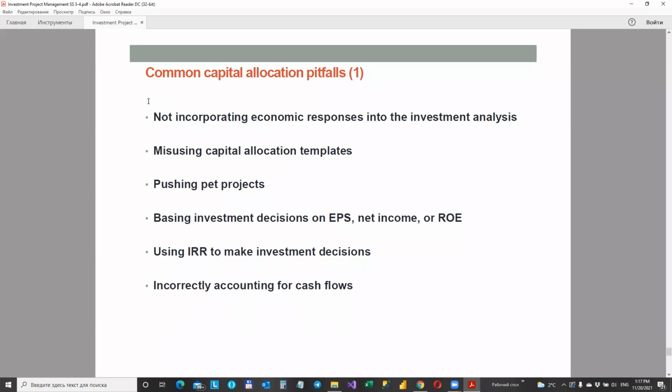Also, using IRR to make investment decisions can be one of the pitfalls. The NPV criterion is economically sound. The IRR criterion is also sound for companies undertaking independent investments with conventional cash flow patterns.